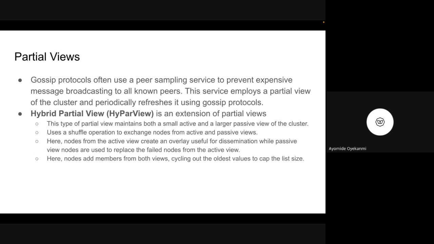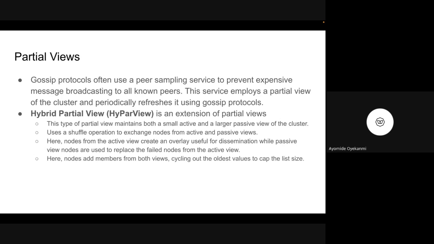And then we now move to this idea of hybrid partial view. This is just a big name for saying that instead of having just one set of nodes in my partial view, there are two sets of nodes in my partial view. There is one that is smaller. If I want to send a message, I send to this small group of nodes, which they call active in the book.